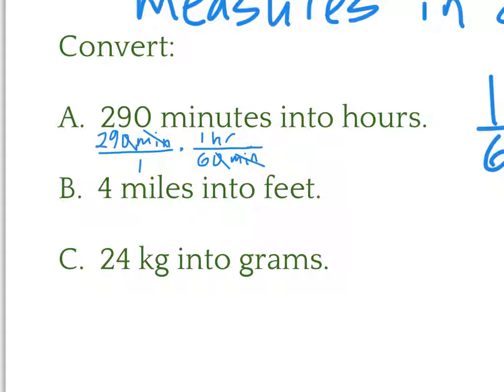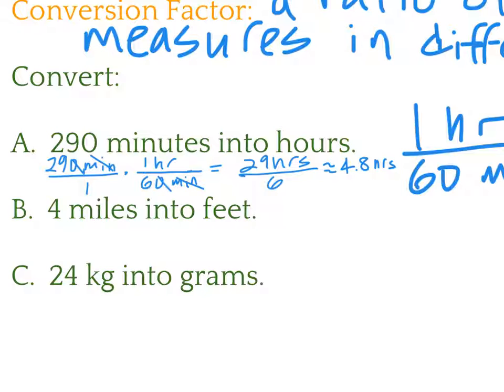So what I really have now is 29 hours over 6. Doing the division, we have about 4.8 hours as our answer. So 290 minutes is about 4.8 hours.